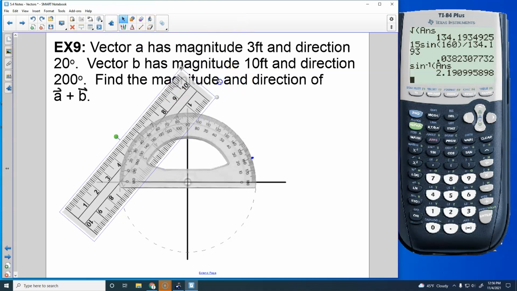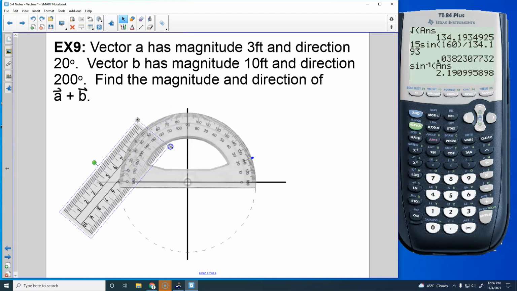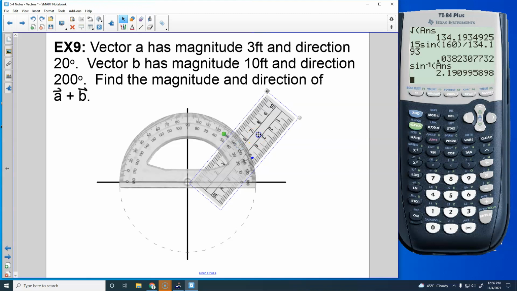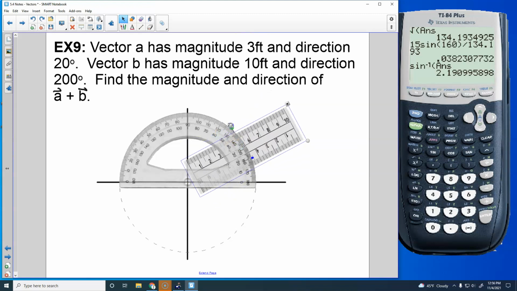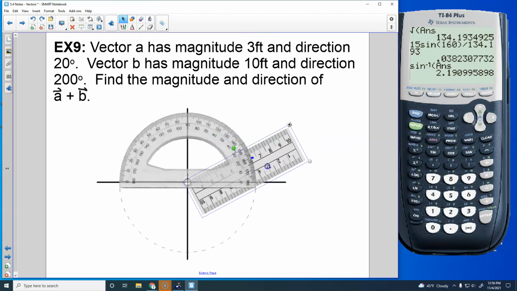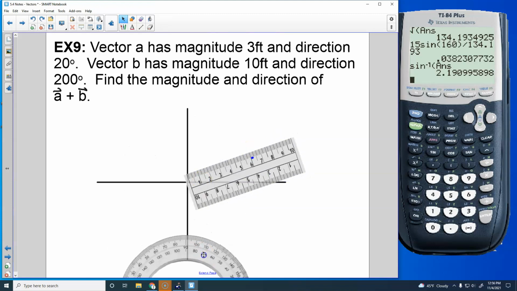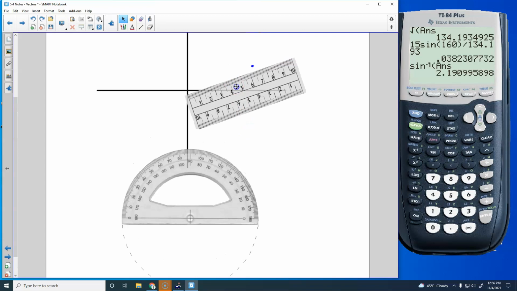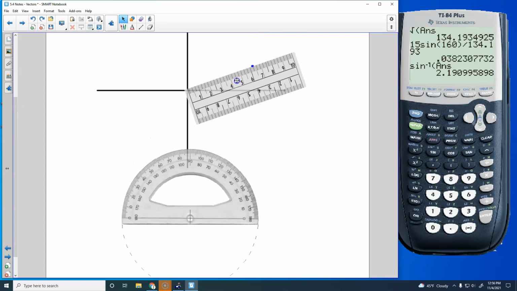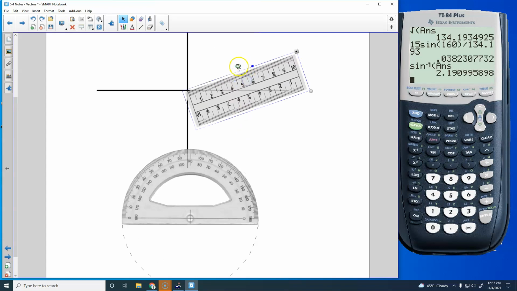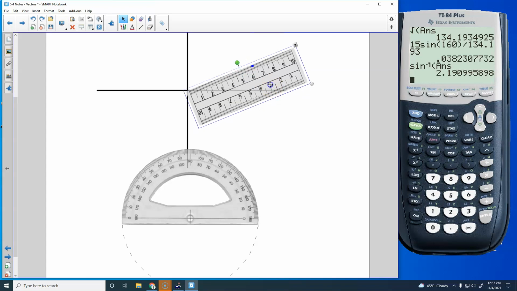I'm going to decrease the size of my ruler so that I can fit this on this page. So that's more. It's so hard to do this on the computer. Okay. So this is more or less right.